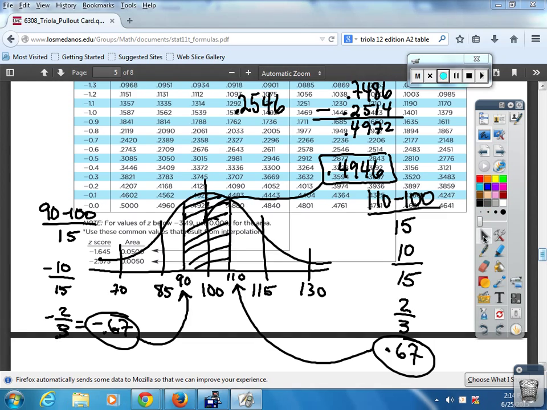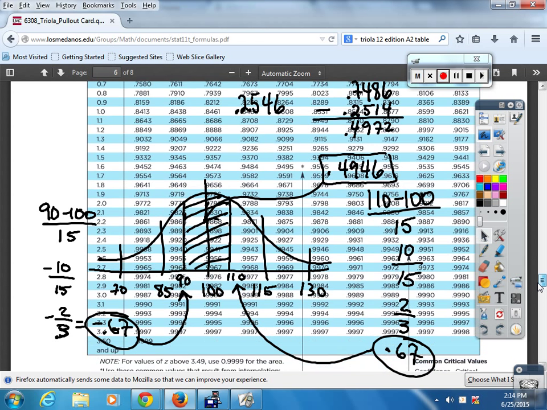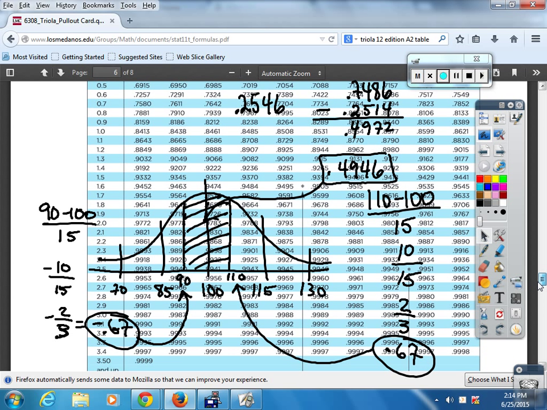And the other one is, I'm looking for it.